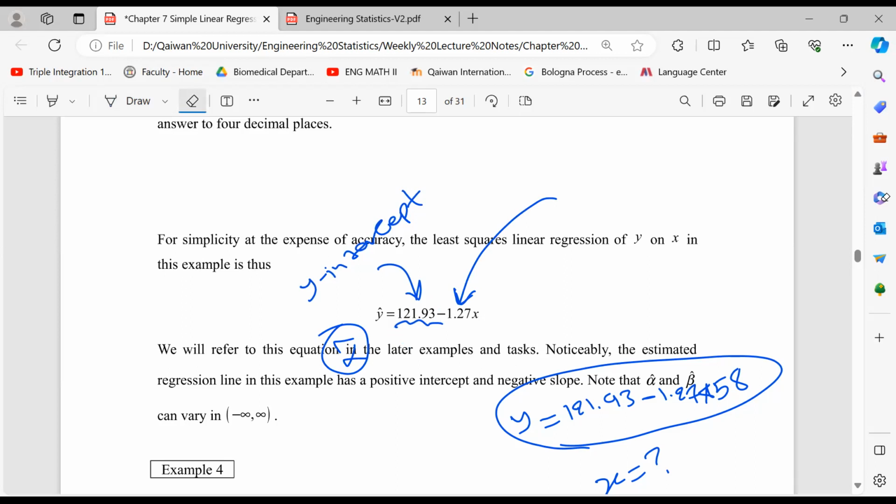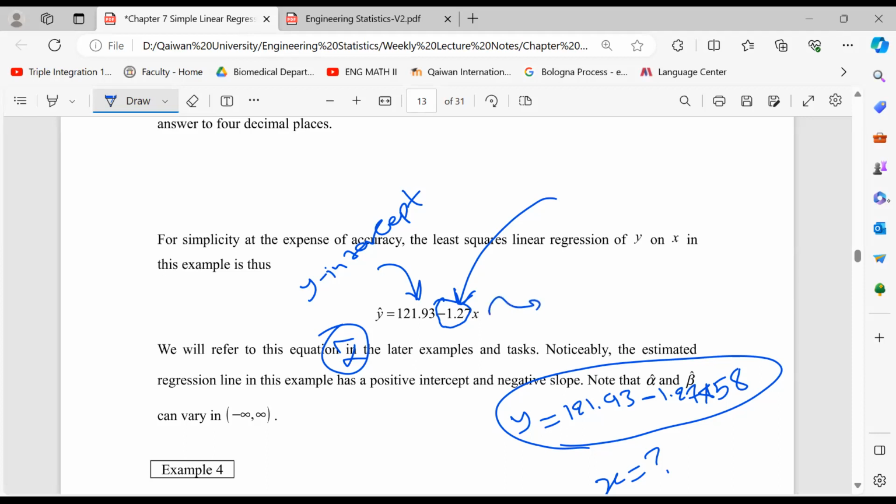Here, as beta is negative, we say the slope is negative. Okay? But if beta is positive, we say the slope is positive. Okay?